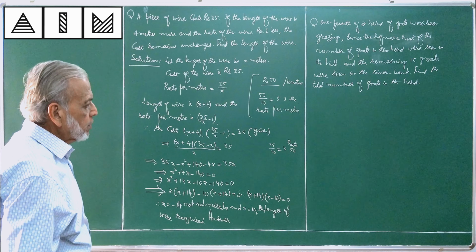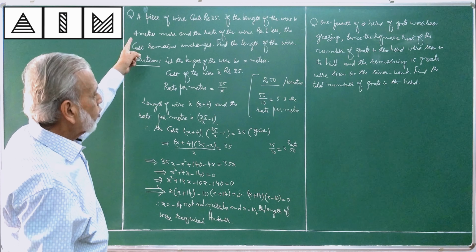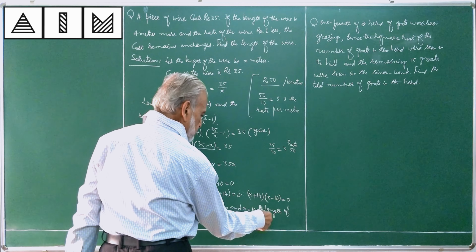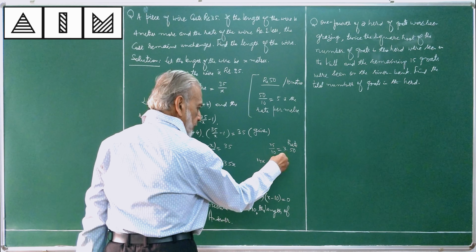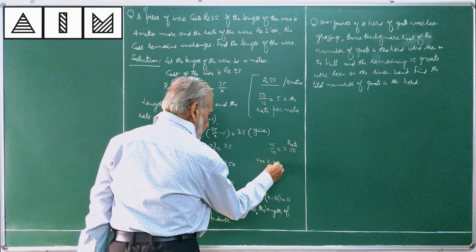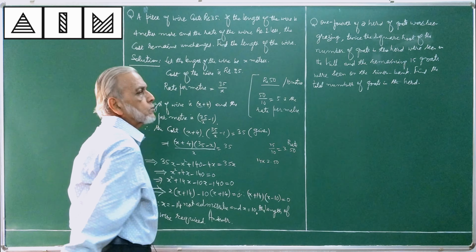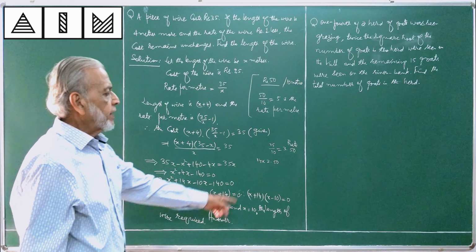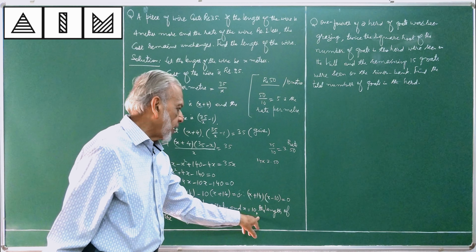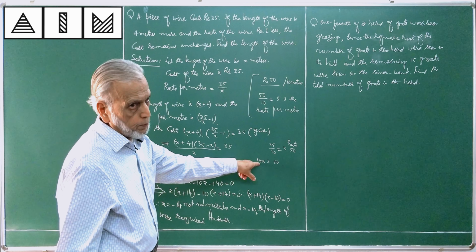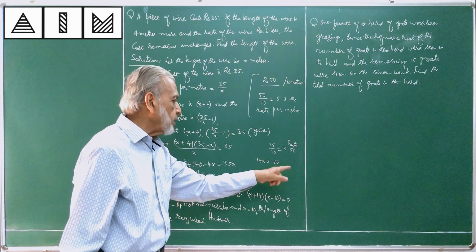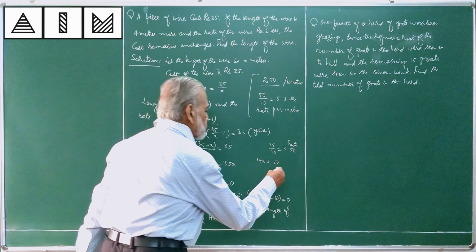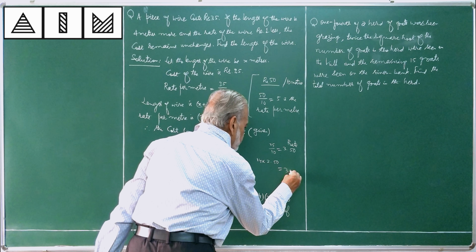Question says, if the length had been 4 meters more, instead of 10 meters, had it been 14 meters, and the rate 1 rupee less, 2.5, this would have come to the same 35.